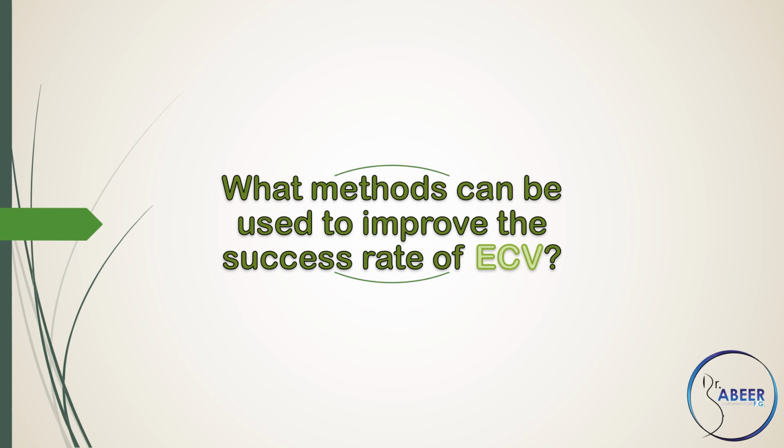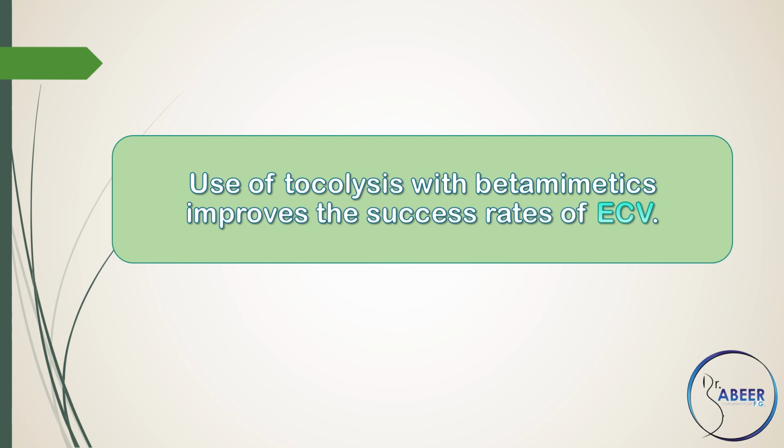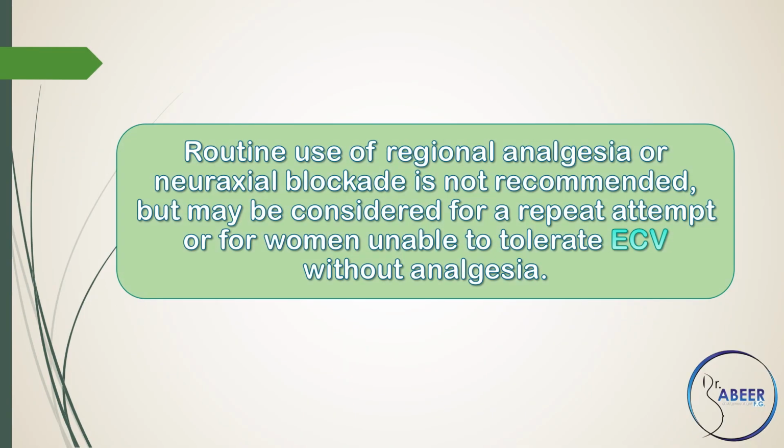What methods can be used to improve the success rate of external cephalic version? Use of tocolysis with beta-mimetics improves the success rates of ECV. Routine use of regional analgesia or neuraxial blockade is not recommended, but may be considered for a repeat attempt or for women unable to tolerate ECV without analgesia.